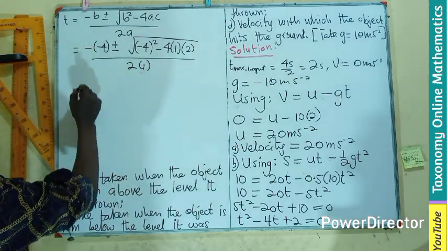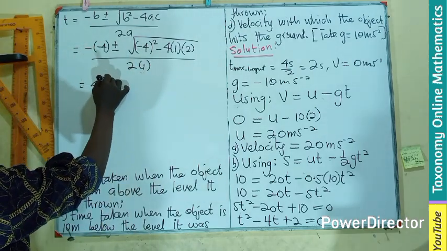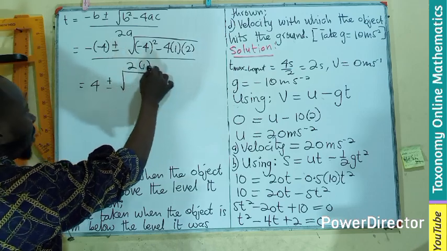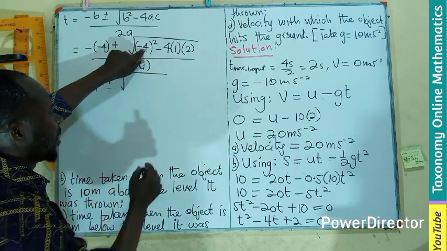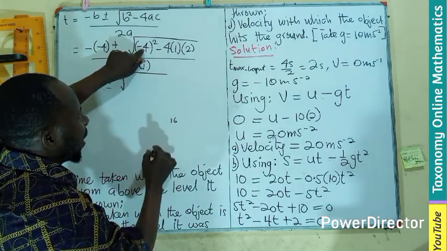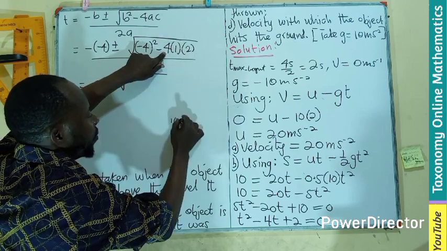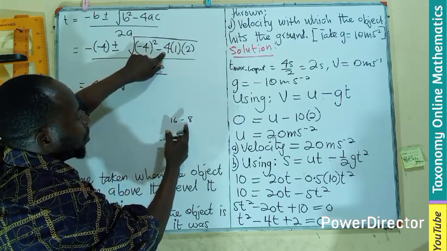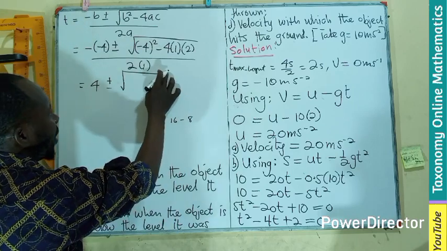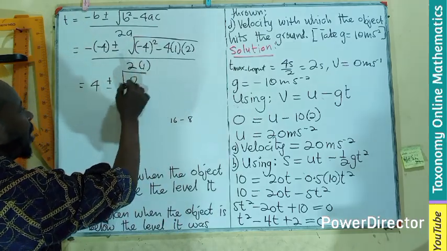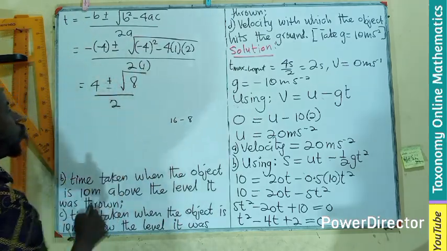Negative times negative will give you positive 4 plus or minus. Inside this root will be 16. I'll have the 16 there. 4 times 1 times this will give you 8. So if I subtract, I still have only 8 under the root, divided by 2.